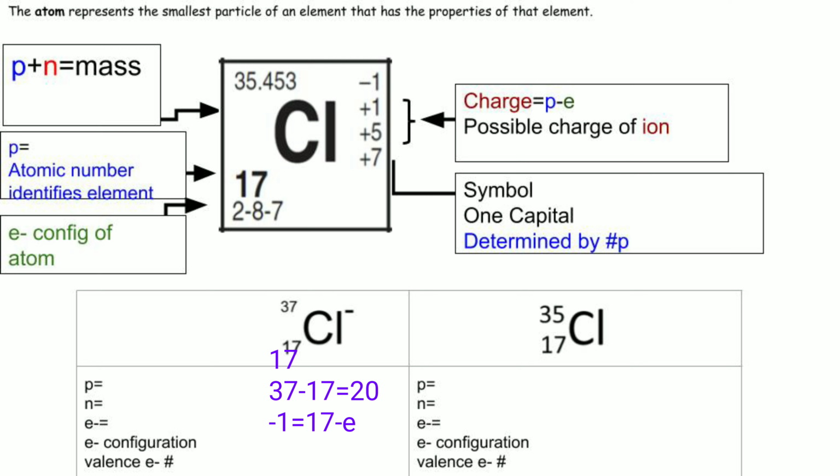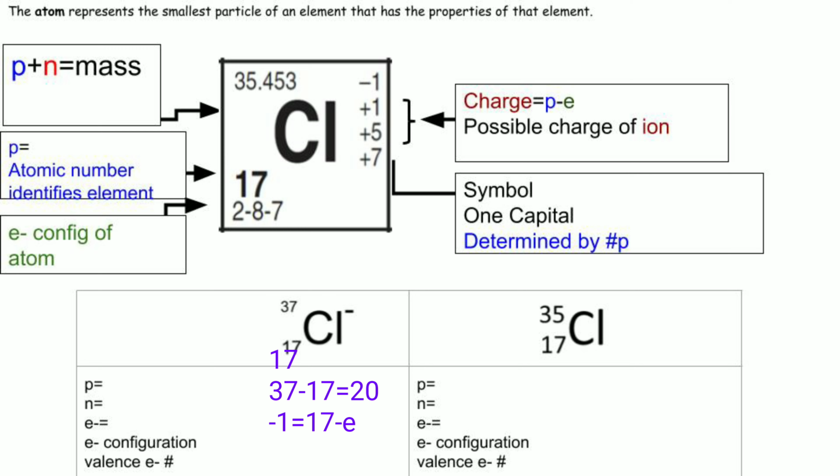Let's put this all together by examining these 2 isotope symbols. In the first symbol, we know there are 17 protons because the bottom number, the atomic number, is 17. To find the neutrons, we will subtract 37 and 17 to get 20. So there are 20 neutrons in this first example.